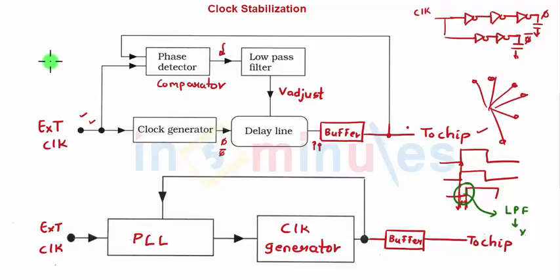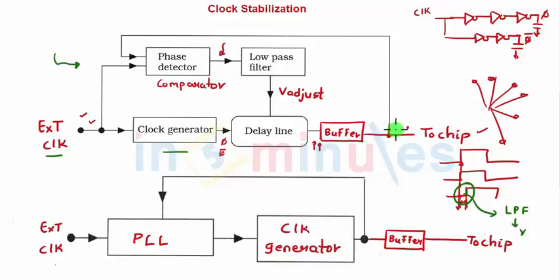What you need to understand from this general block diagram is that you have an external clock which is passed to a clock generator circuit which generates your phi and phi bar, which will go through a delay line controlled by a voltage of a low pass filter and pass through a chain of buffers. Now how do we ensure that both of them are in the same phase, or that our clock is stabilized?